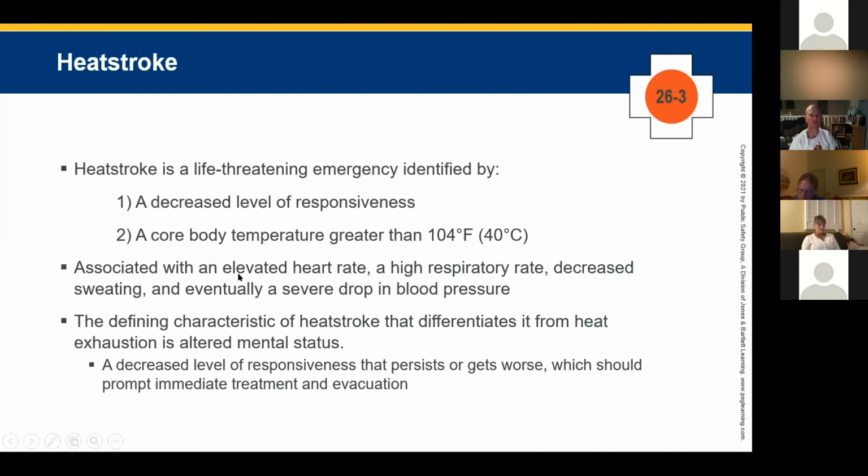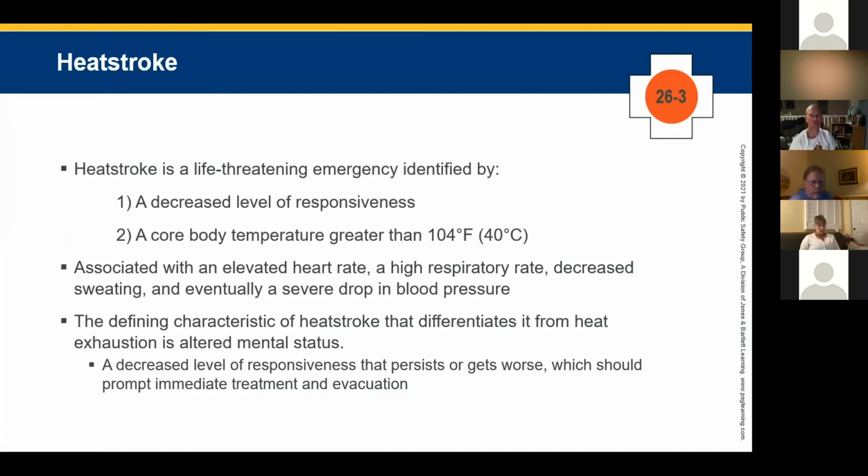So what do you think happens to the heart? You can already see it. Heart rate is high. High respiration. Decrease sweating and severe drop in blood pressure. So we've run a call on this one before. Her core was 107. Ooh. Yes. Walked into her mobile home, and she was 107.